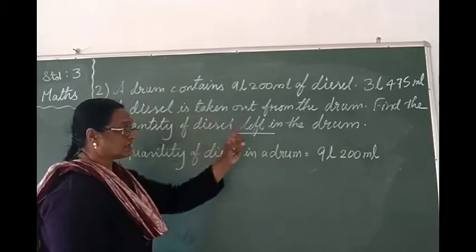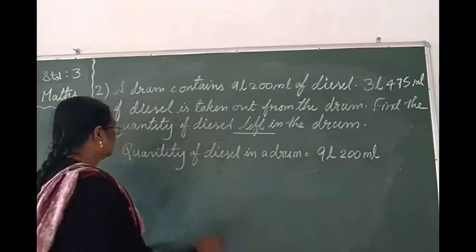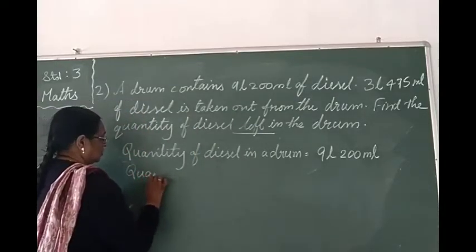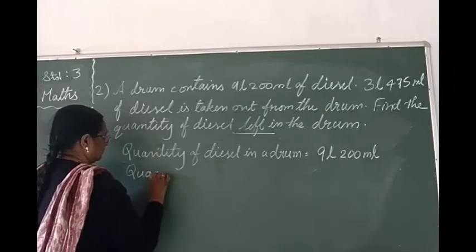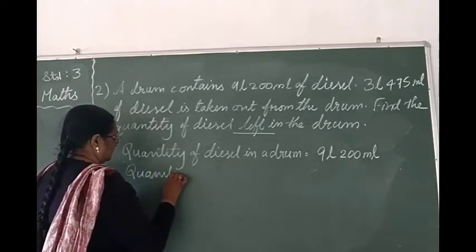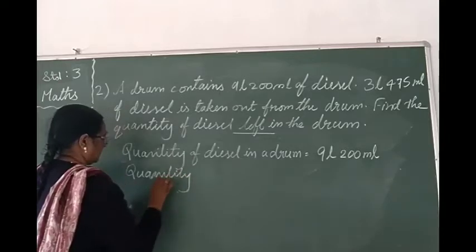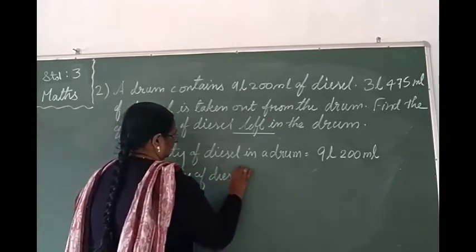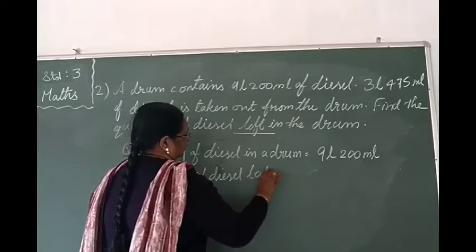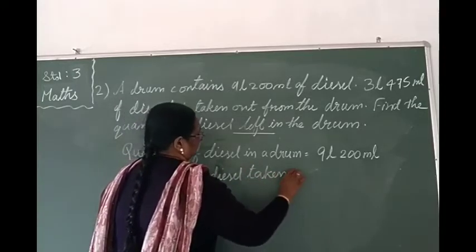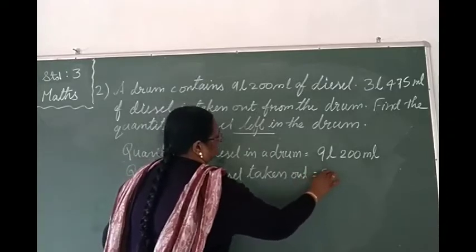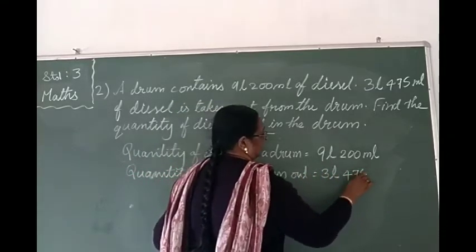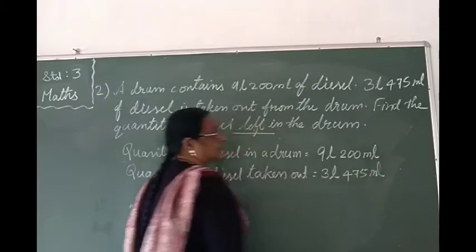Now next, how much have they taken out? How to write? Quantity of diesel taken out. 3 liters 475 milliliters they have taken out.